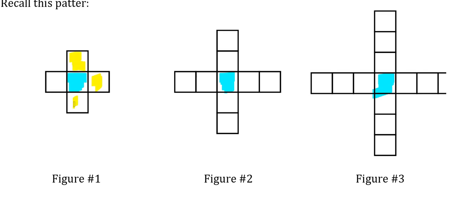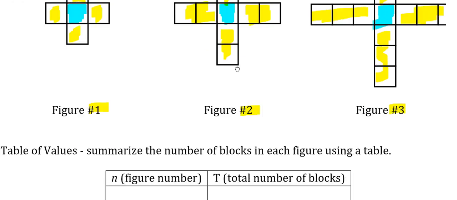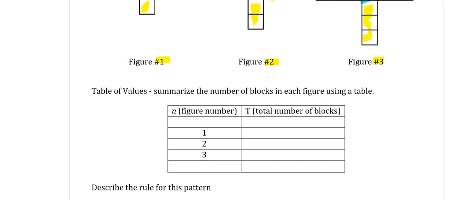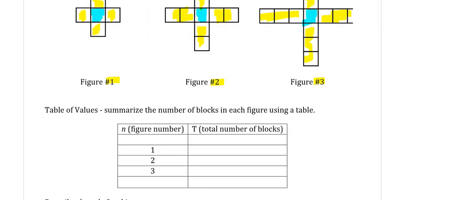There's always that one. In this case, we had 4 arms, and each arm was length 1. In this case, we have 4 arms, but each arm is length 2. In this case, we have 4 arms, but each arm is length 3. The length of the arm matches the figure number, so that's important to notice. And there's always 4 of them. That's kind of the pattern, right?